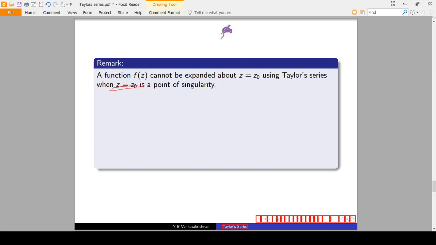If you remember, in example 1, we took the Taylor series expansion of f of z is equal to 1 by z, but I had restricted that z should be non-zero. When z is equal to 0, this will not be analytic. So at the point of singularity, you cannot expand the given function using the Taylor series.